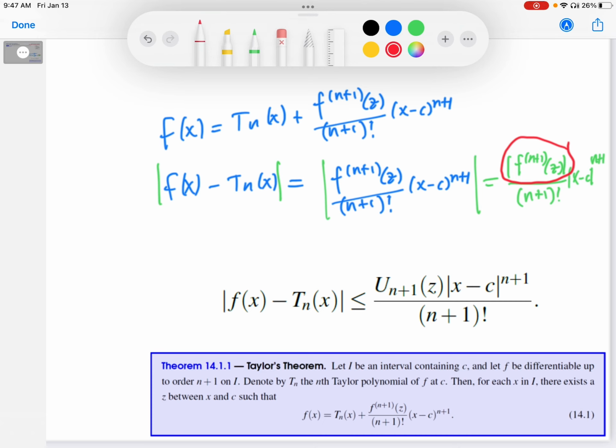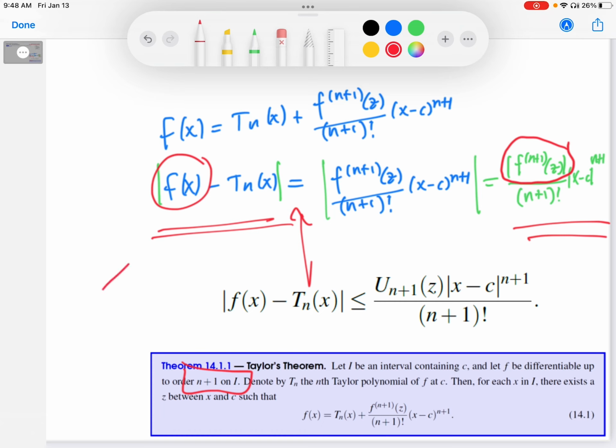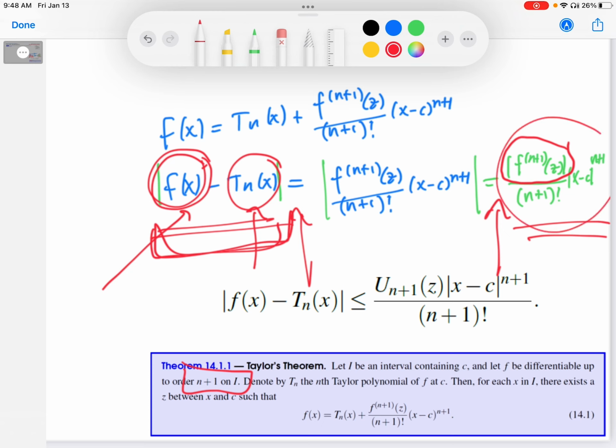Taylor's theorem then tells us that the magnitude of that difference is equal to this term. This is pretty remarkable. This is another way of seeing Taylor's theorem. It tells us that if you have a function which is differentiable enough, and you look at a specific x value, you calculate the output f of x, the difference between f of x and T sub n of x in magnitude is exactly equal to this.